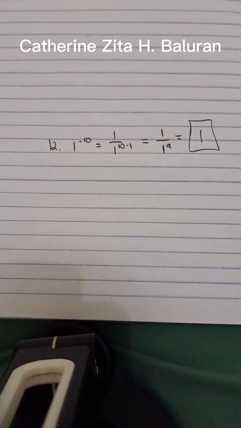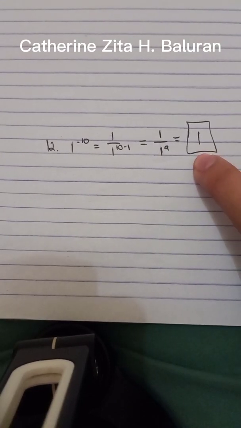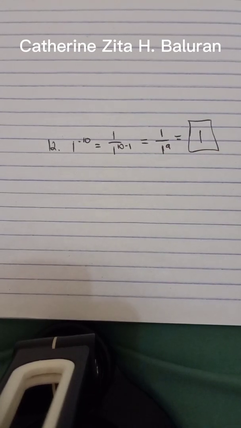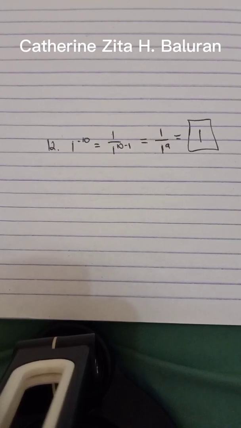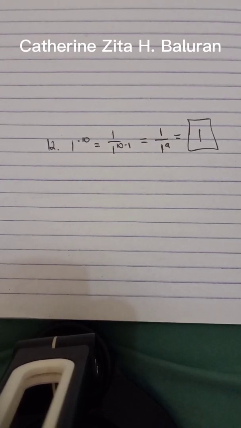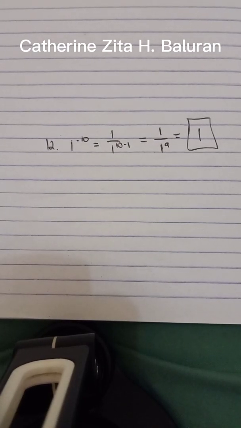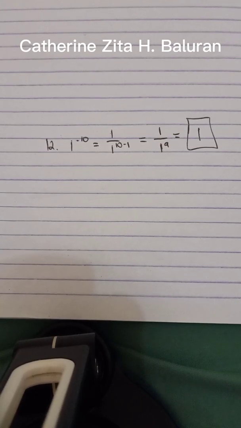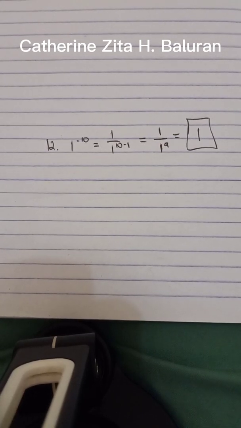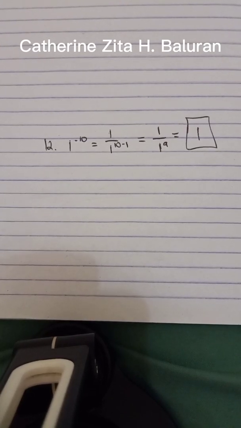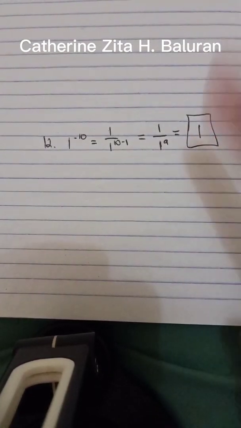It becomes 1 because we use the third law of exponents: the numerator 1 is known to have one exponent, so we subtract that 1 from the denominator's exponent, which is 10. So it becomes 1 over 1 to the power of 9, and 1 to the power of 9 is equivalent to 1, so it becomes 1 over 1, or 1. So the final answer is 1.